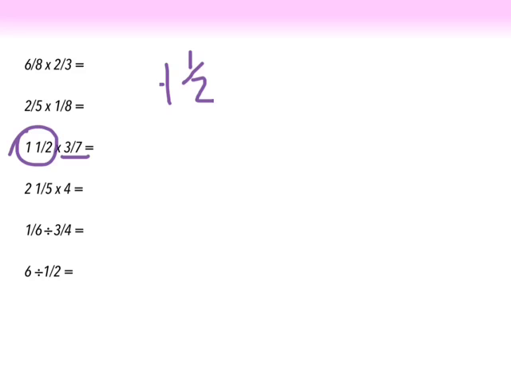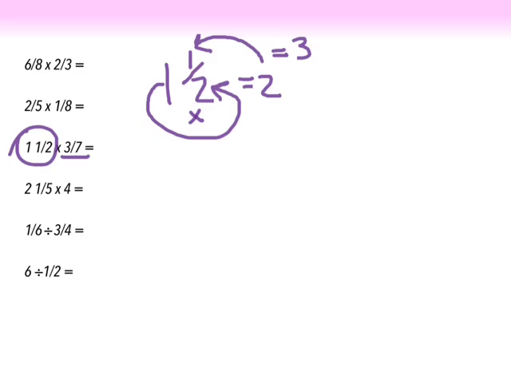We take the whole number, multiply it times the denominator, then we add that number to the numerator, and we just pull over the denominator to make the rest of our fraction. So 1 1/2 is the same as 3/2.